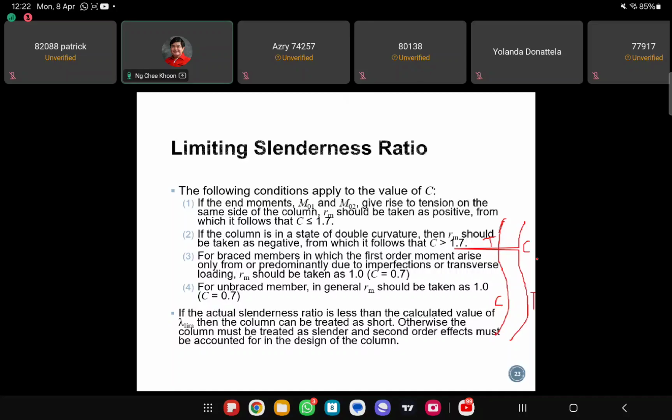But on this side, you have compression on the top part of the column, and then tension is on the lower part of the column. So this is what we call column bending in the state of double curvature. Then Rm should be taken as negative, from which follows that C is greater than 1.7, right?